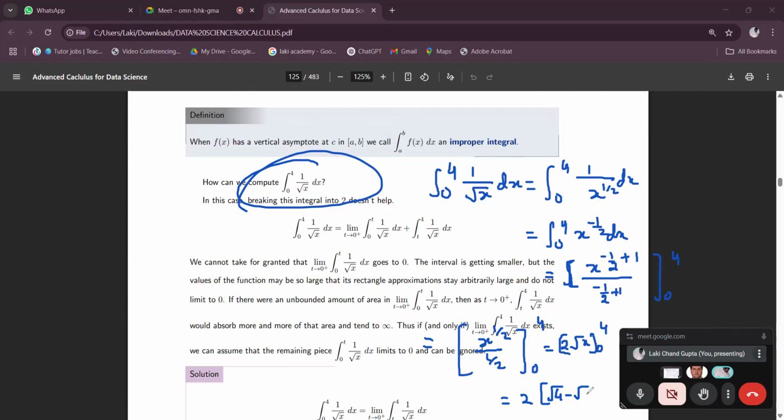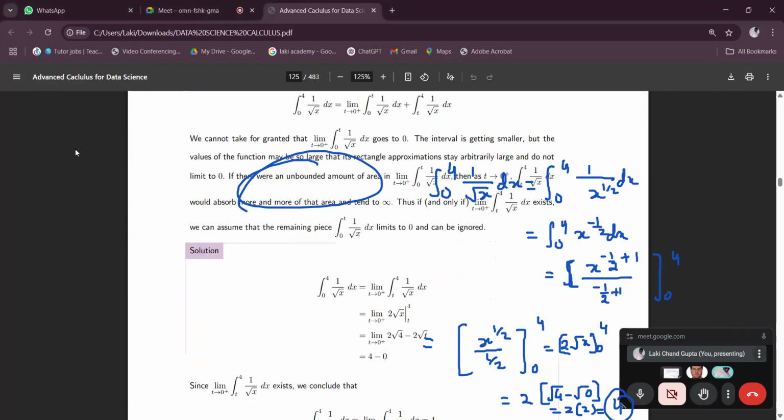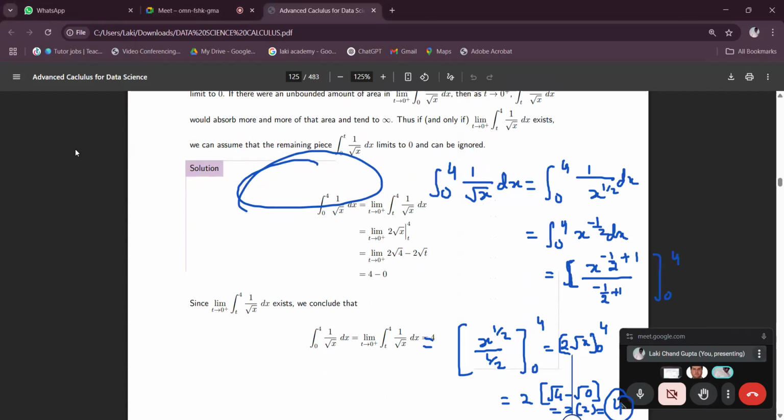Root 4 minus root 0. Root 4 is 2. 2 into 2 is 4. Yes, 4 is the correct answer.